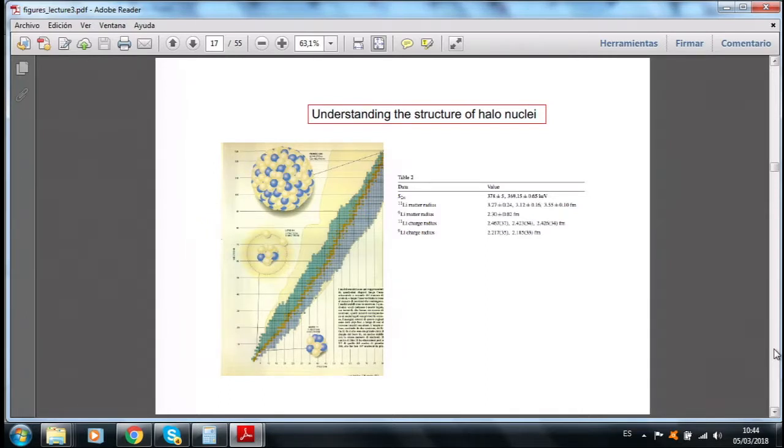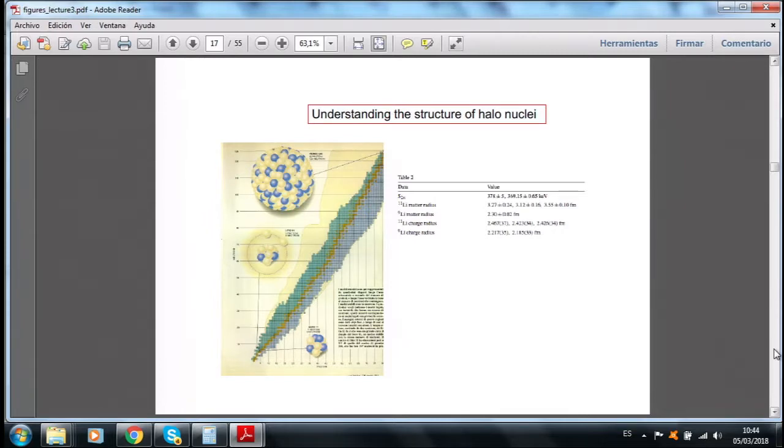Although the discovery of halo nuclei was done by means of lithium-11. Lithium-11 has 3 protons and 8 neutrons. Lithium-9 was known from long before, but lithium-10 is not bound and cannot be produced for almost any time in the laboratory.